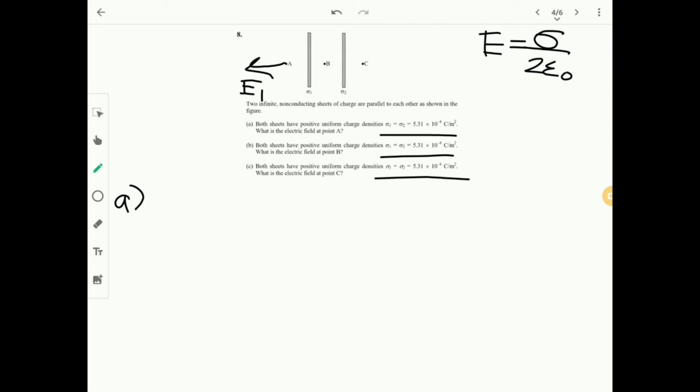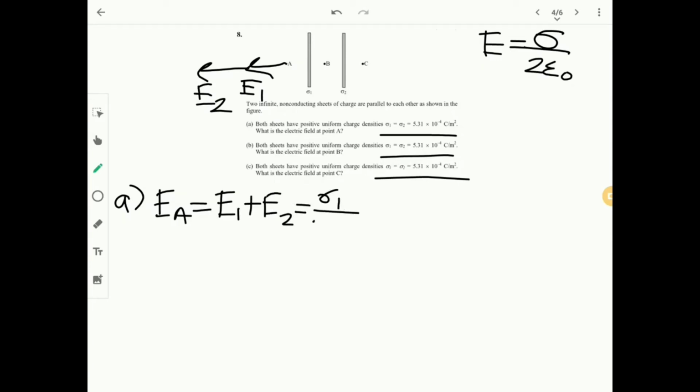Since sigma 1 equals sigma 2, it's sigma, where 1 over 2 plus 1 over 2 is 1, so sigma over epsilon 0, which gives us 6.00 times 10 to the power of 7 newtons per coulomb. They've asked us, we don't need to say, but let's just say it's left. Extra details help. So that's part A. The electric field points to the left at point A.